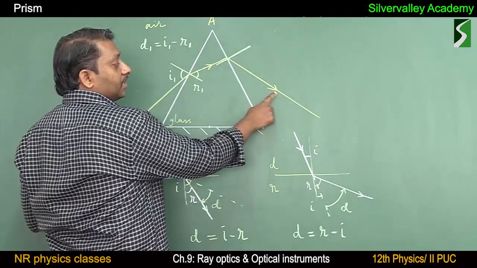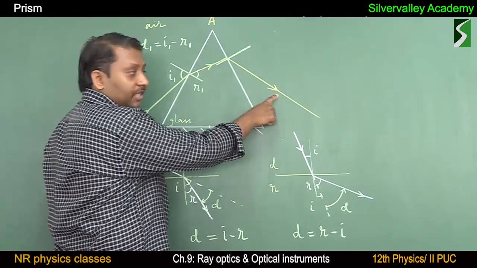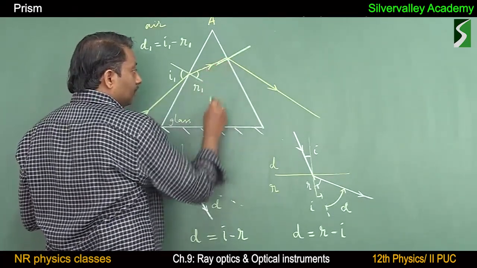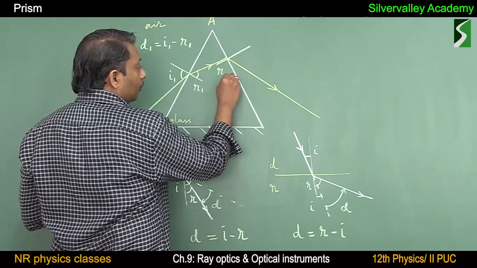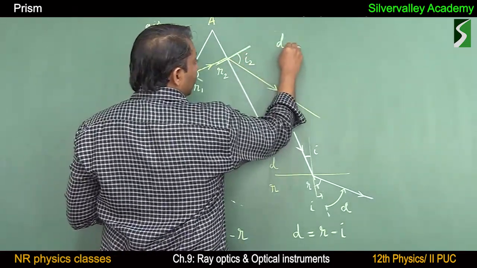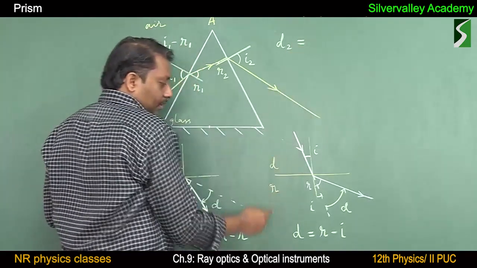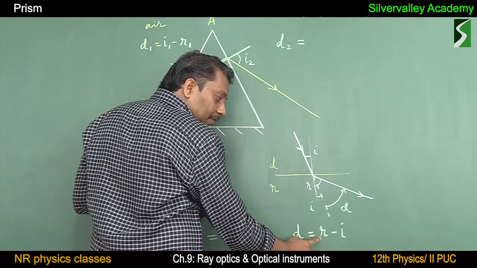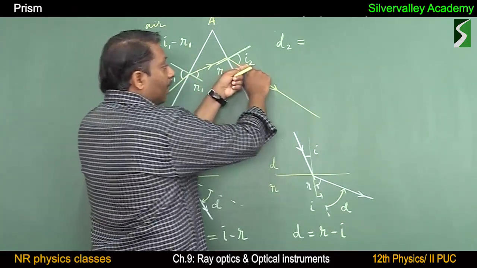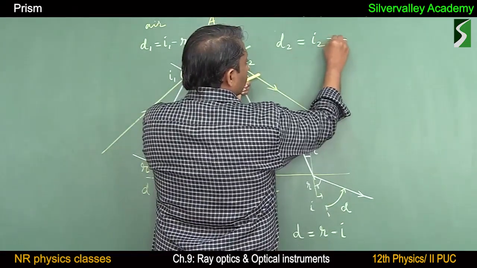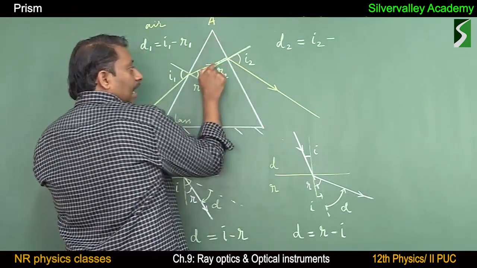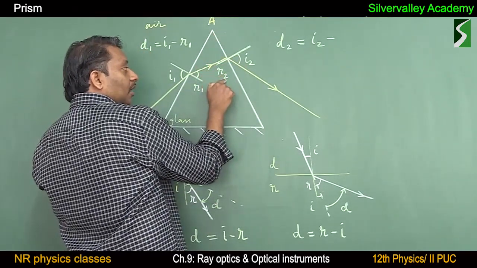This is the refracted ray or emergent ray. If this small angle is R2 and this angle is I2, then deviation at the second interface is angle of refraction minus angle of incidence. Angle of refraction is I2. In this interface, angle of incidence is taken as R2.